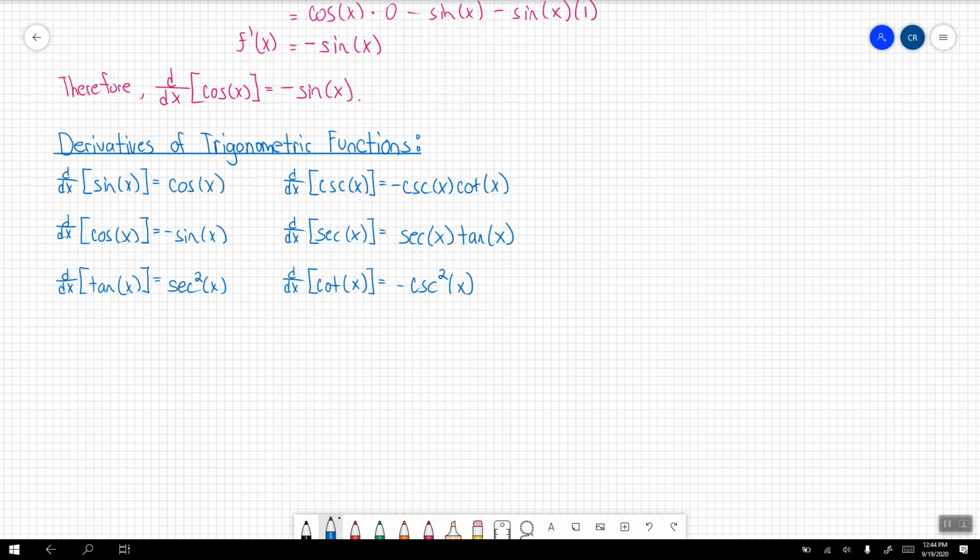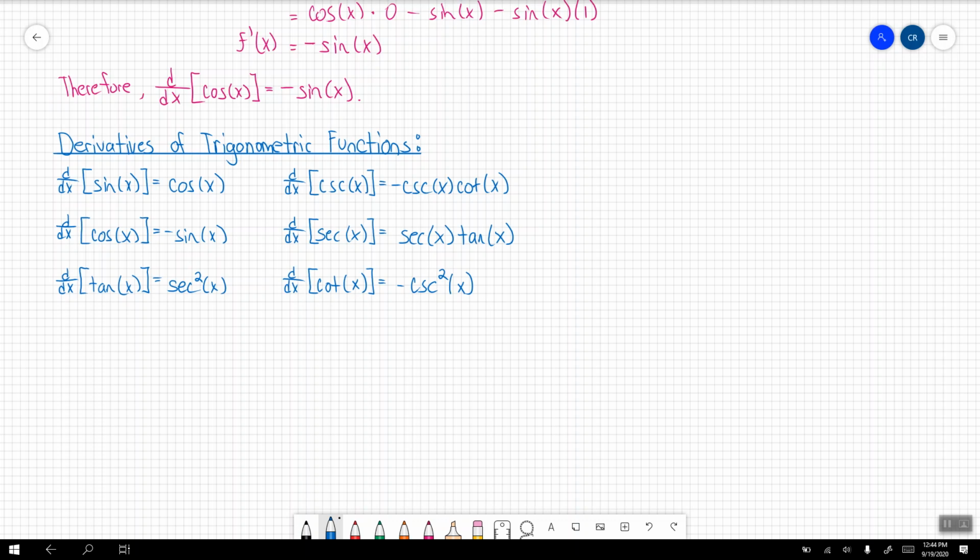The derivative of tangent of x is secant squared x. The derivative of cosecant of x is negative cosecant x multiplied by cotangent of x. The derivative of secant of x is secant of x times tangent of x. And the last one: the derivative of cotangent of x is negative cosecant squared of x.